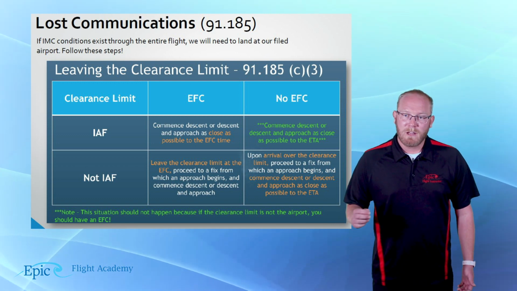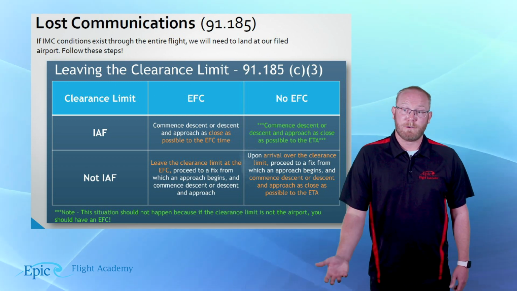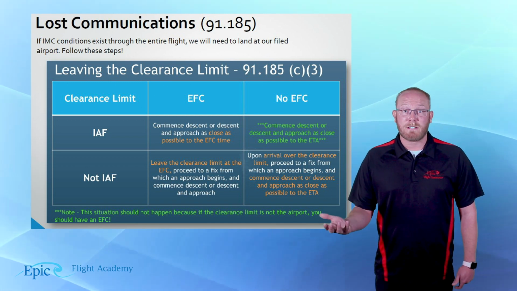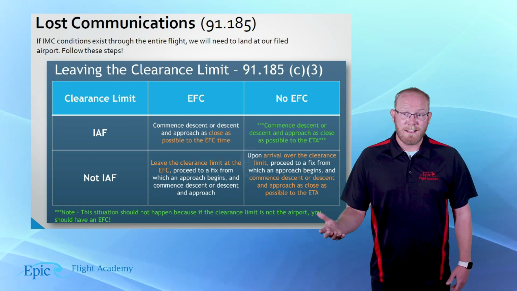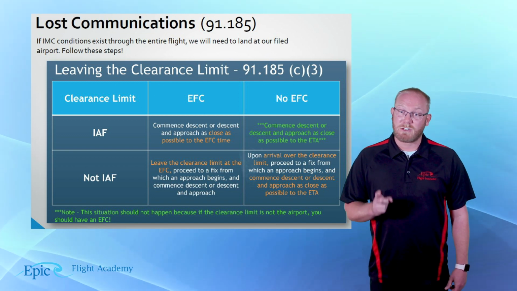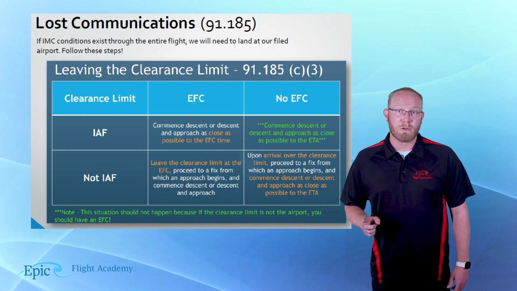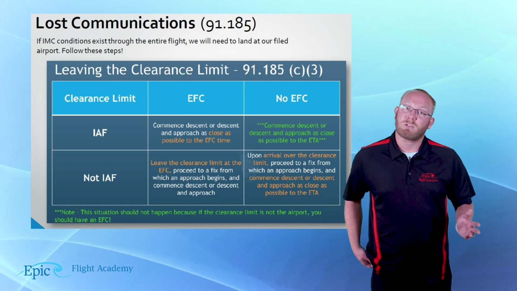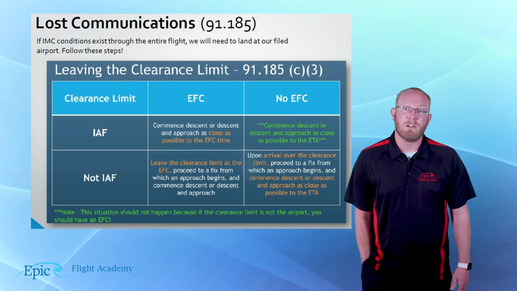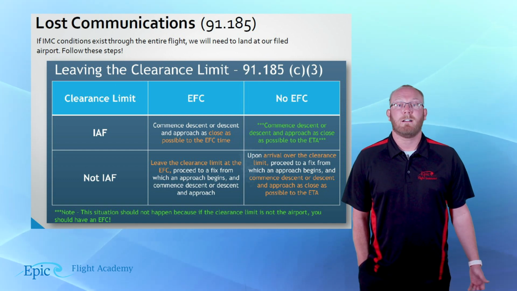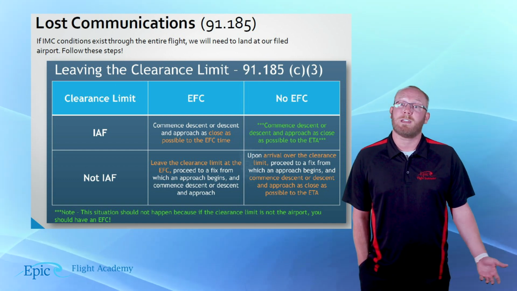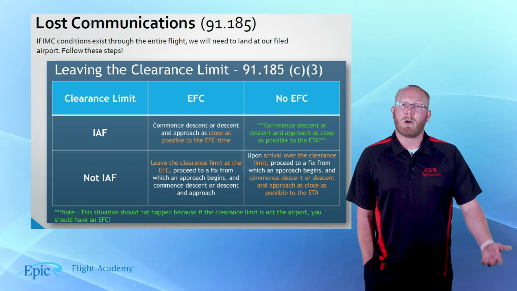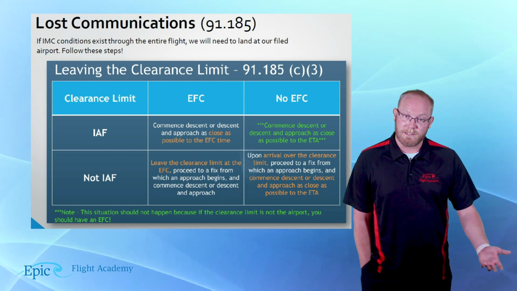Well, on this one, you would want to arrive over the clearance limit, proceed to a fix from where an approach will begin, and then again, you want to commence your descent or your descent and approach as close as possible to your ETA. So those things can get very, very tricky, and you always want to make sure you're up to date on these regulations also, so that ATC also will know what you're going to do inside the airplane.